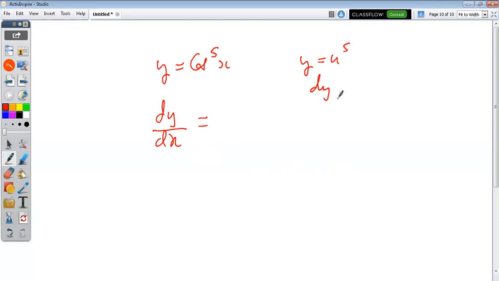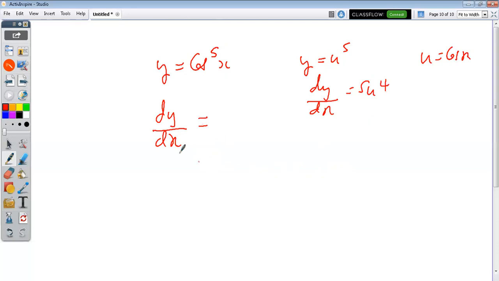So if I have y is equal to cos to the power of 5x. So dy over dx using chain rule, our u is cos x. So if it's cos x, we're just thinking of u to the power 5. If we differentiate that in our head, it gives us 5u to the power of 4, where u is the cos x.